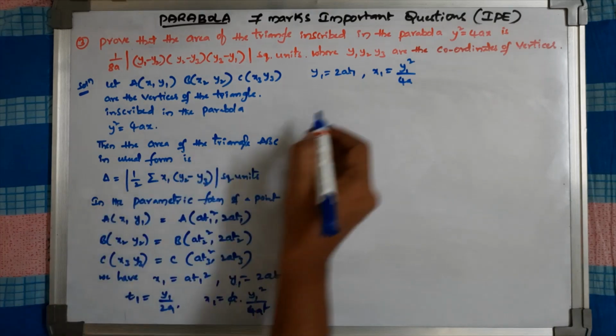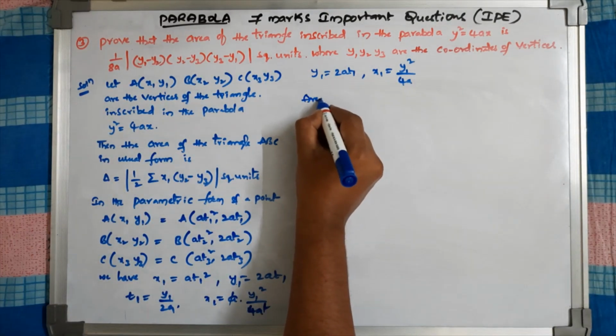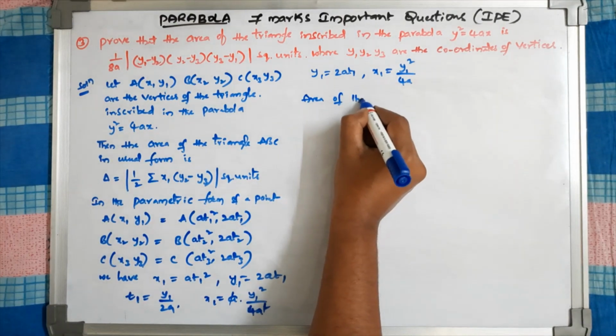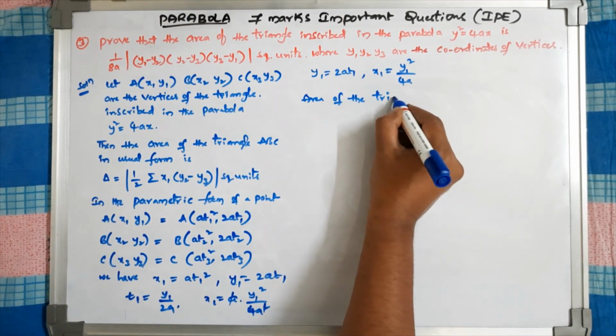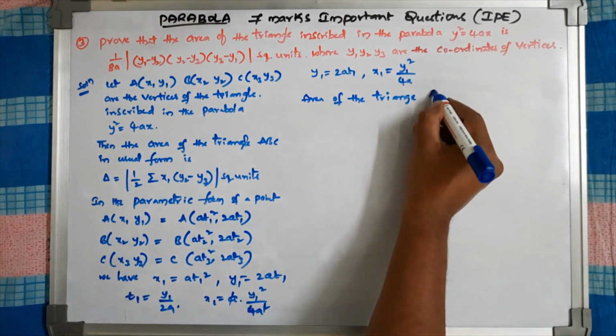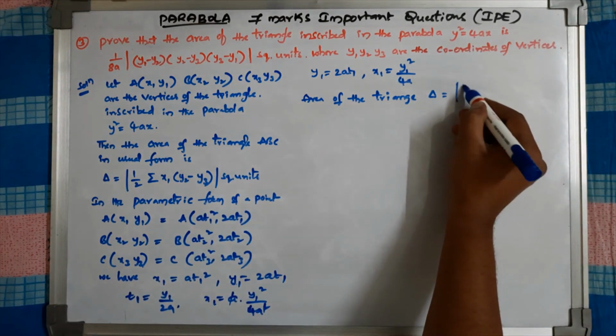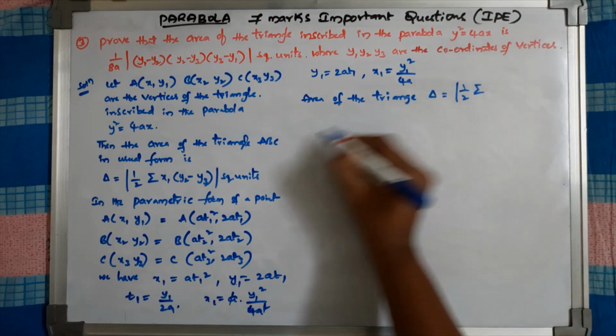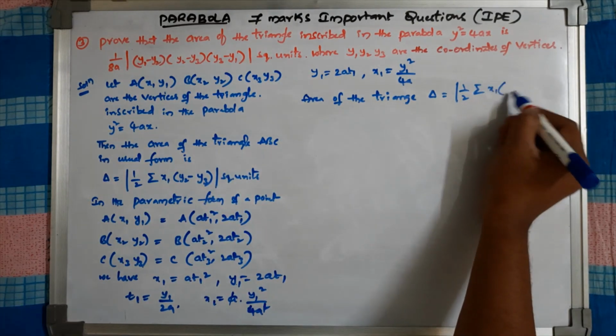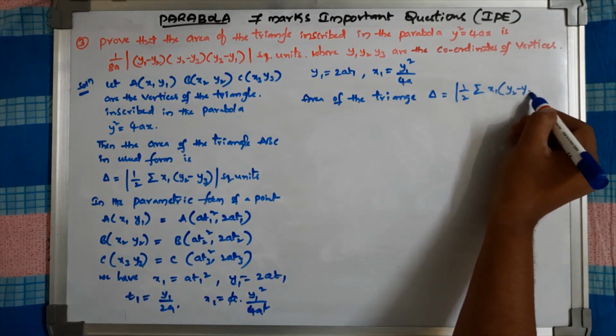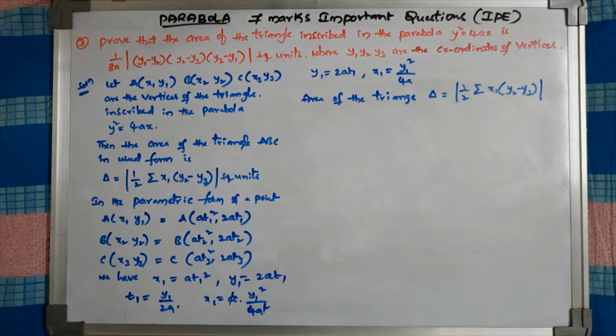Okay, now the area of the triangle, delta, equals modulus 1 by 2 sigma x1 into (y2 minus y3) square units.